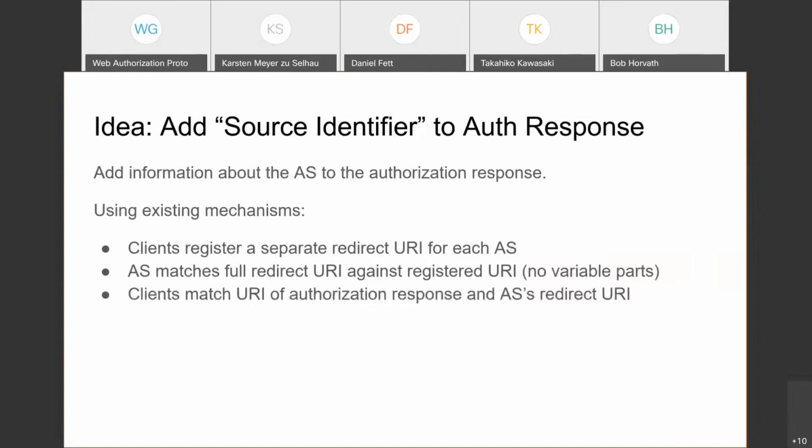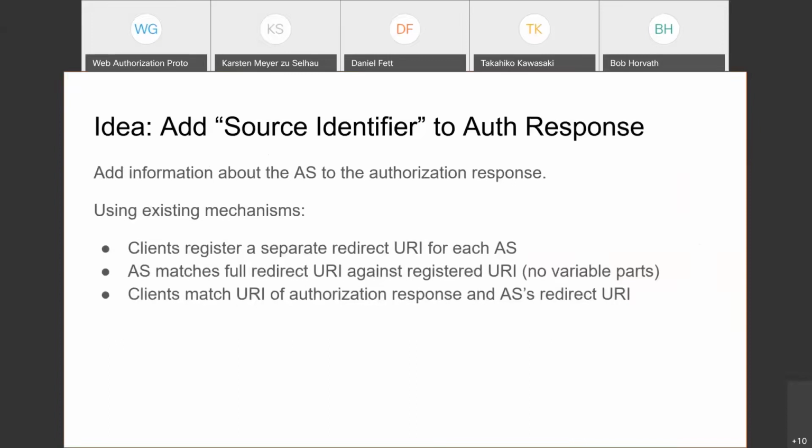And then in the last step, the client matches the redirect URI where it received the authorization response with the redirect URI it has created for the authorization server it expected would be used in that flow.